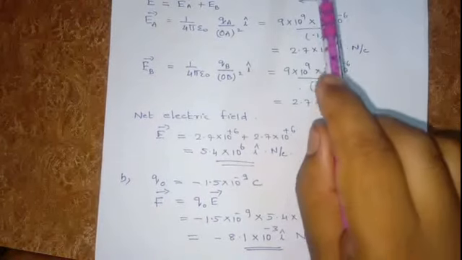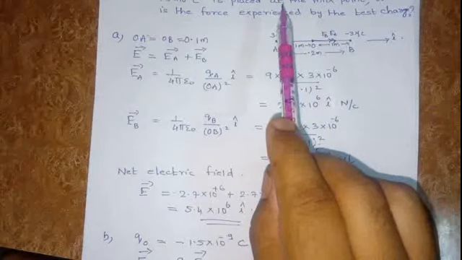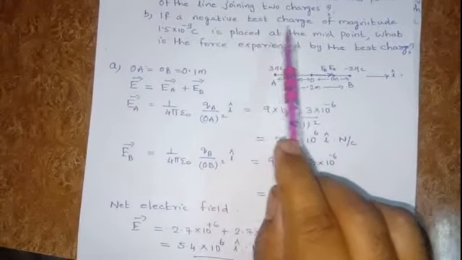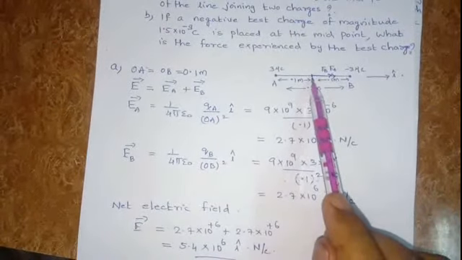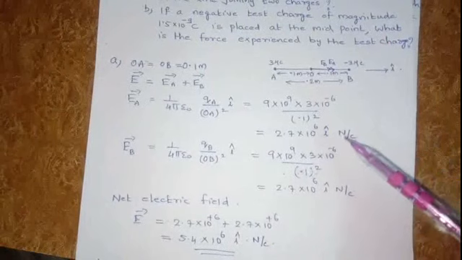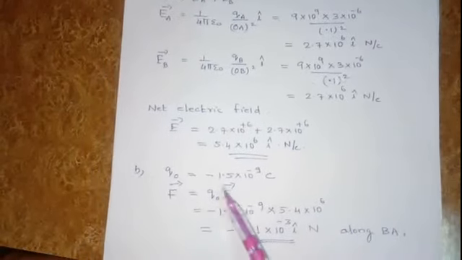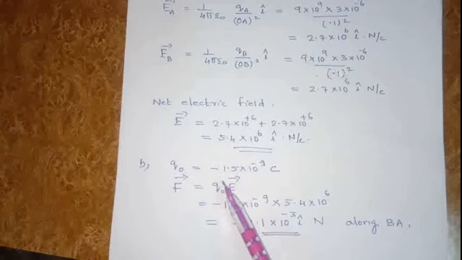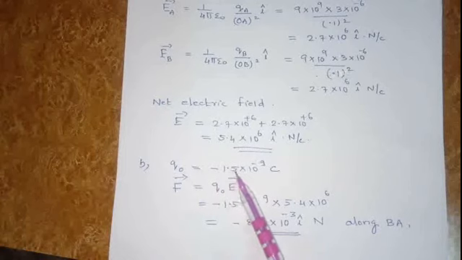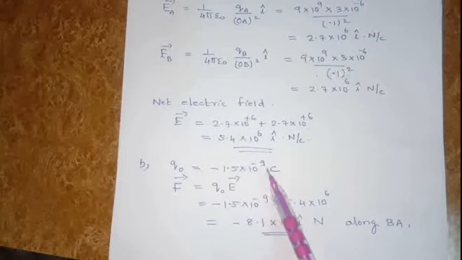Now the second part of the question reads like this. If a negative test charge is placed at that midpoint O, what is the force experienced by the negative test charge? The magnitude of the test charge is given. The test charge is -1.5 × 10^-9 coulomb.